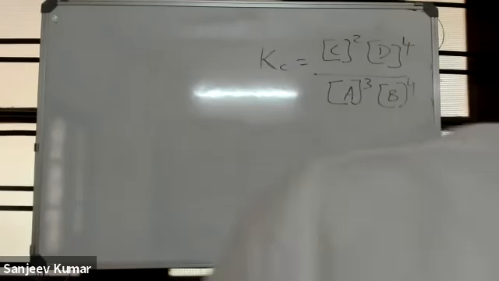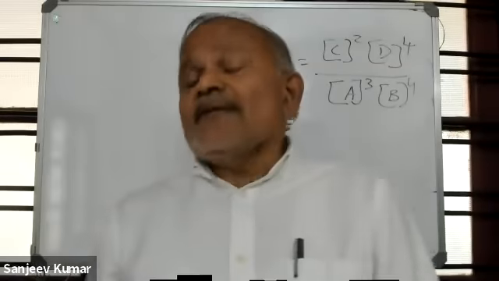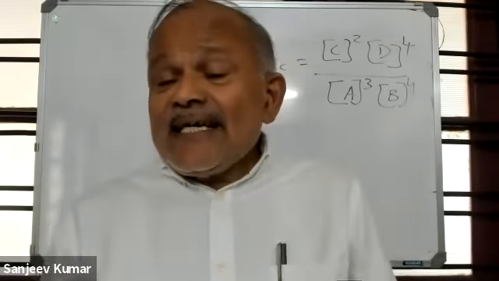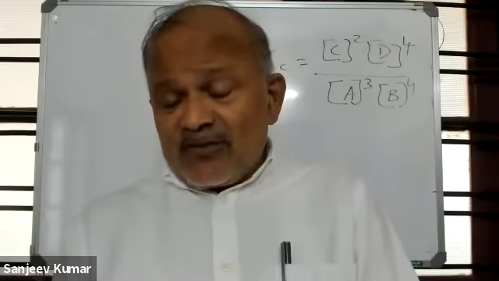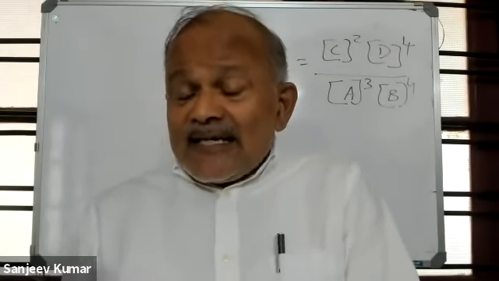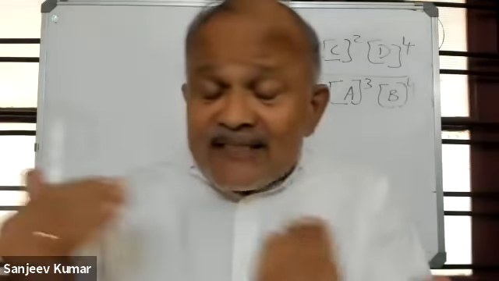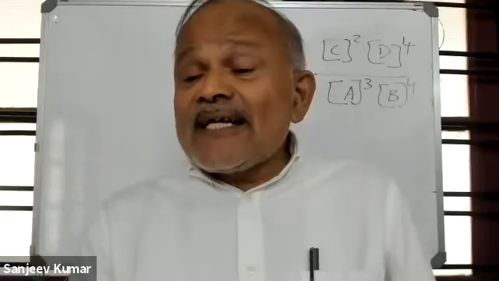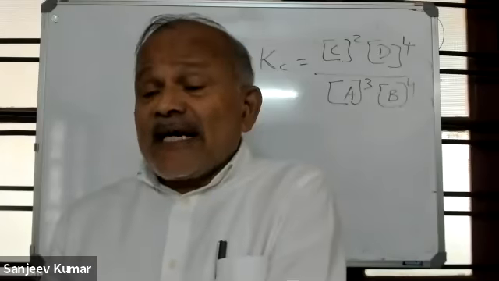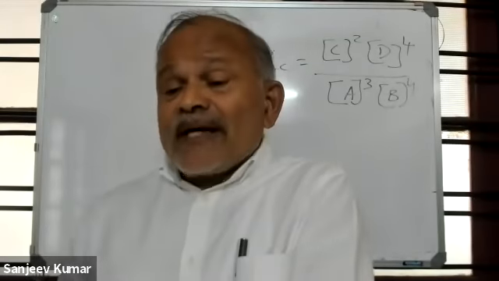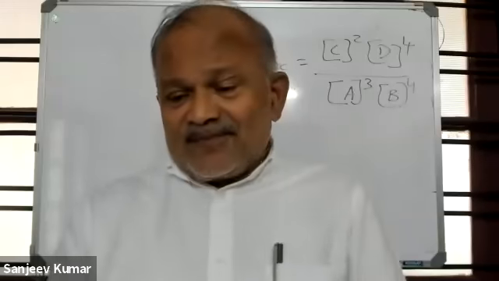That is, if you take the reactants alone, then initially the reactants will be converted to product. That is, the forward reaction will take place. And as soon as the products are formed, they will react to give back the reactants. Initially, the rate of forward reaction will be high, and the rate of backward reaction initially will be 0, but during the course of reaction, the rate of backward reaction increases.